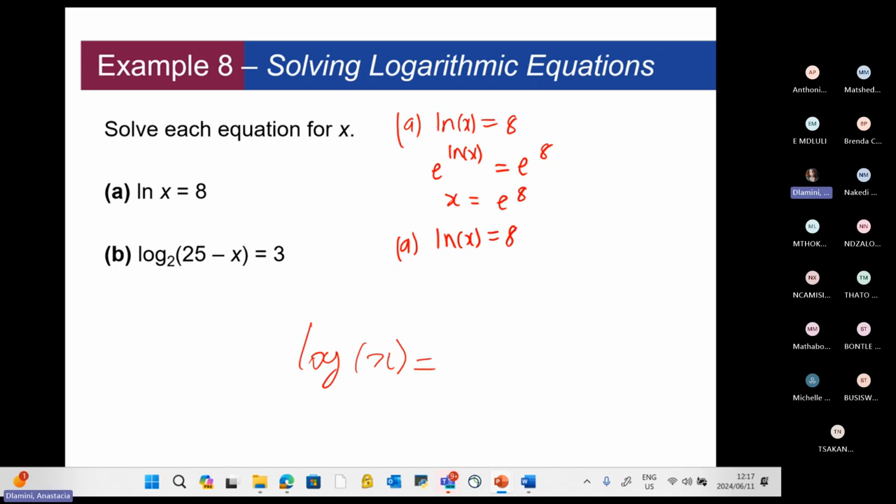I'm giving you a clue, but not directly. Log of x is the same as log what? Log base 10. Log x base 10. Yes, that's the clue.